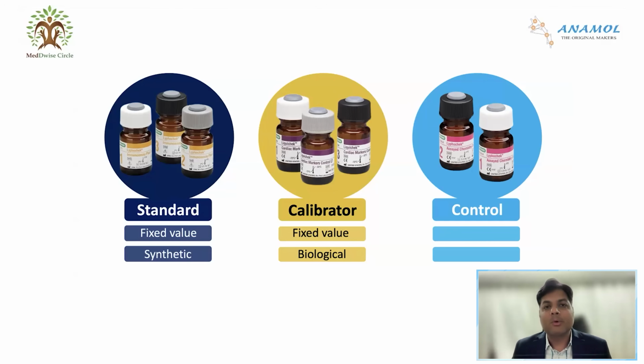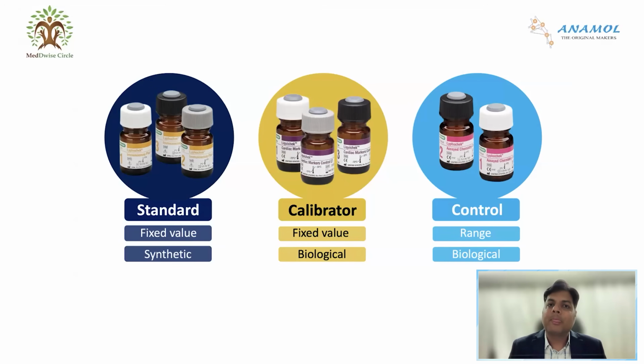Similarly, if we talk about control, here the difference is that although control is a biological material just like calibrator, here the value of any particular analyte is not fixed. Here the value is given in the form of a range.